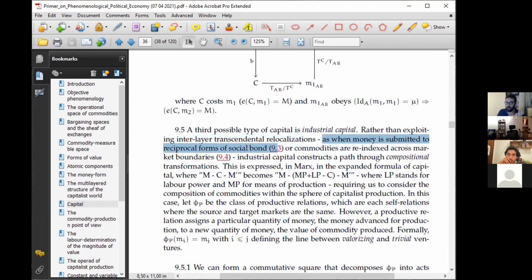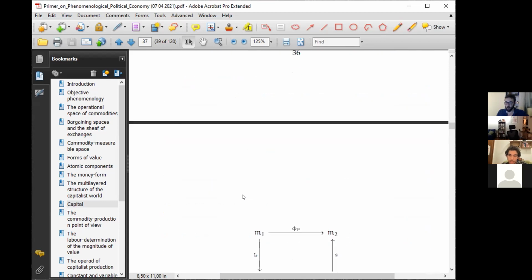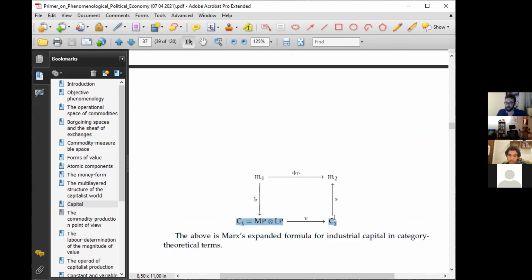As when money is submitted to reciprocal forms of social bonds or commodities are reindexed across market boundaries, industrial capital constructs a path through compositional transformation. So it's already implicit in our idea that what is going on here is that it's unpacking the black box of the objects themselves and not reindexing them in other layers, right?